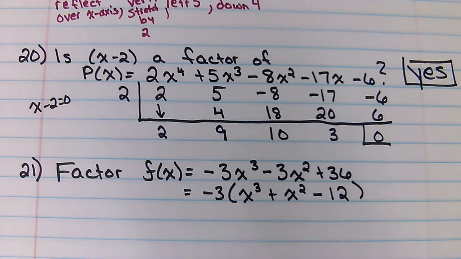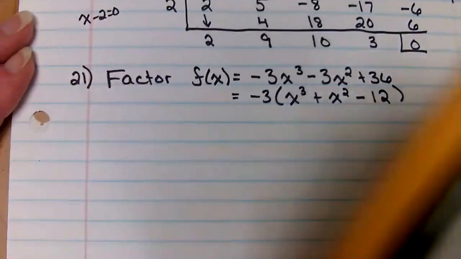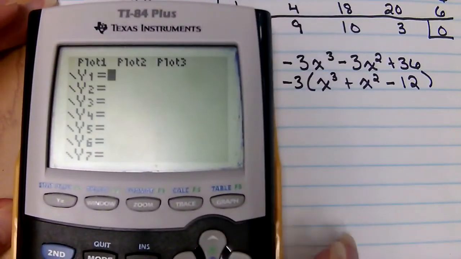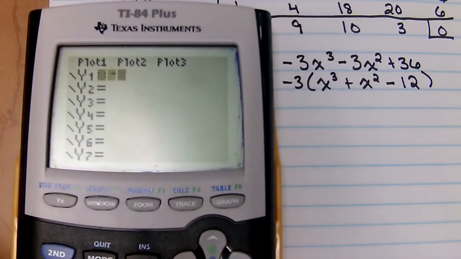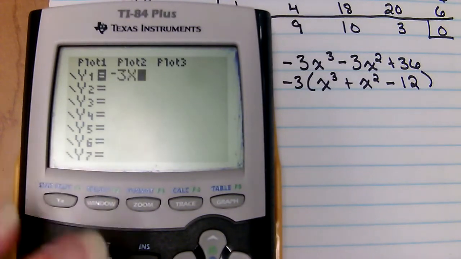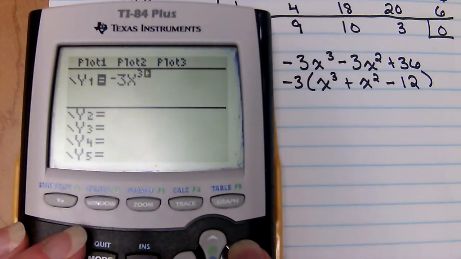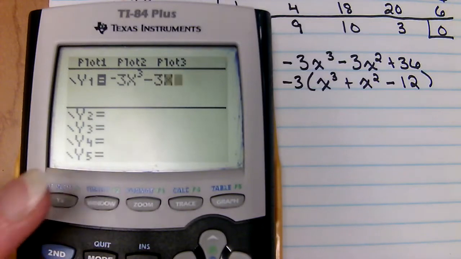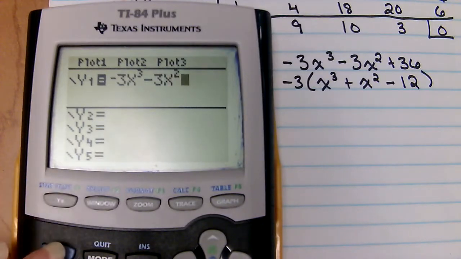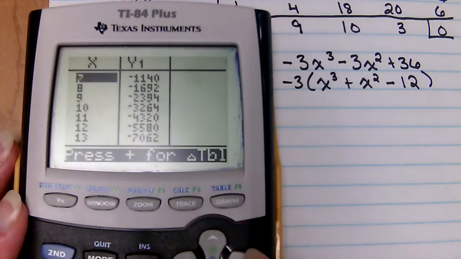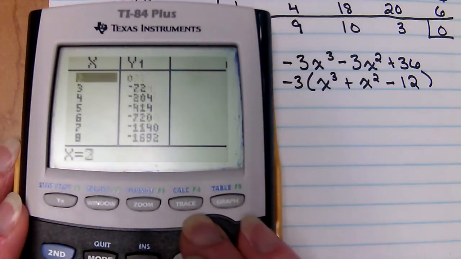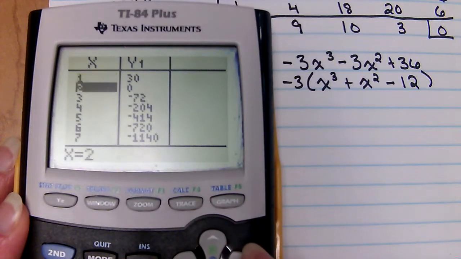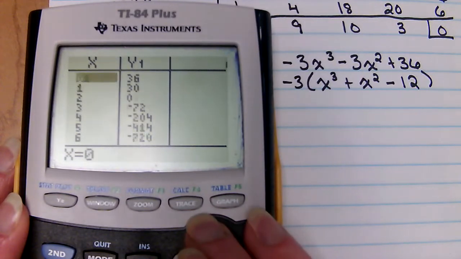What I would do next is see if I have any really good zeros. So I'm going to type in the original. And I'm going to go to the table and see if I have any good zeros. Oh, I do. 2 is a 0.